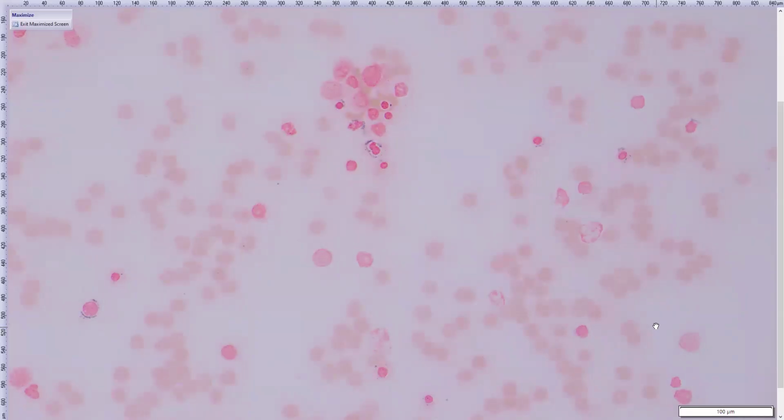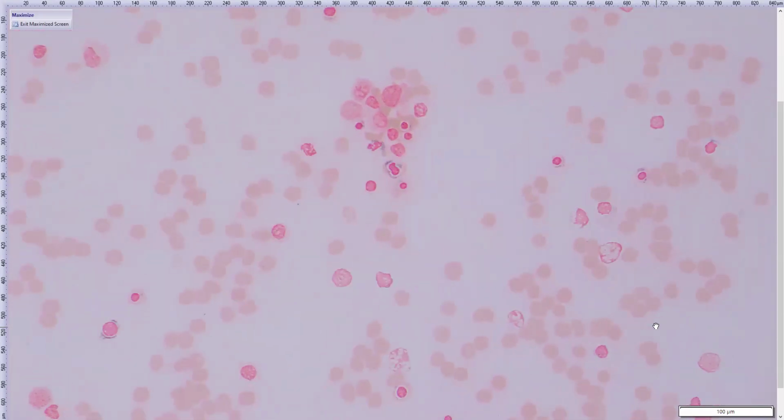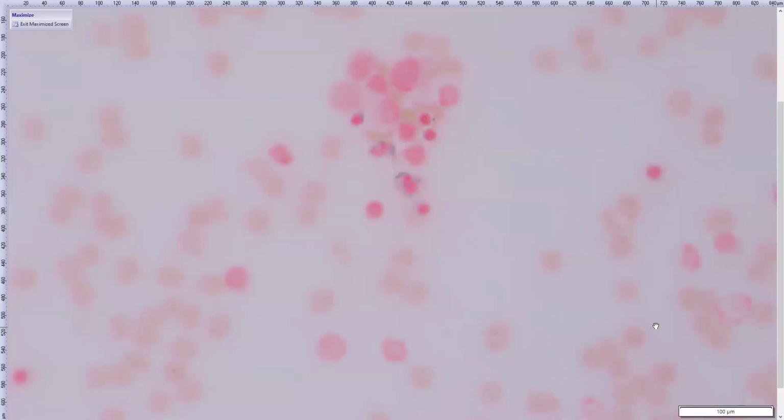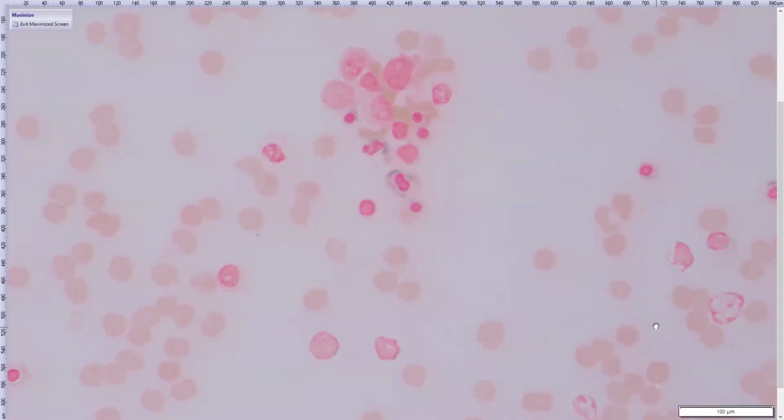You have to go away from these areas that have the spicules and go to the surrounding areas. So as you can see here, we do have these green granules surrounding this erythroid cell here and this one here as well, and this one here as well. So we do have ring sideroblasts.